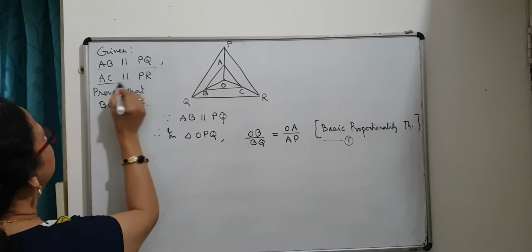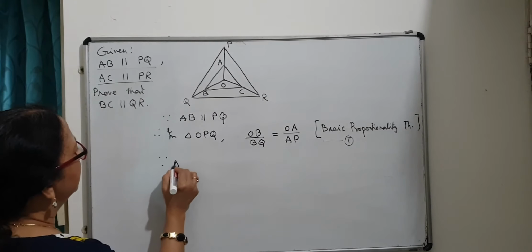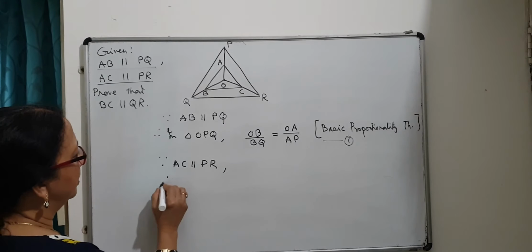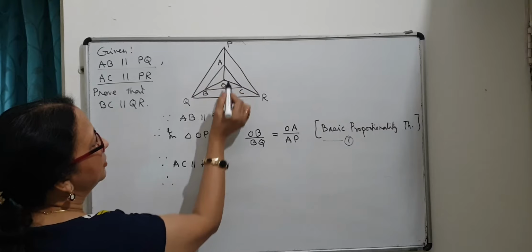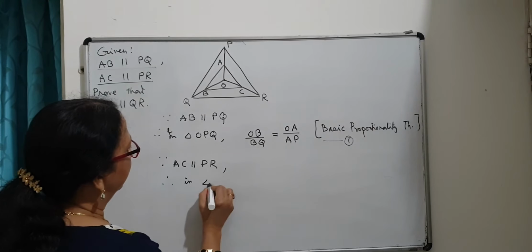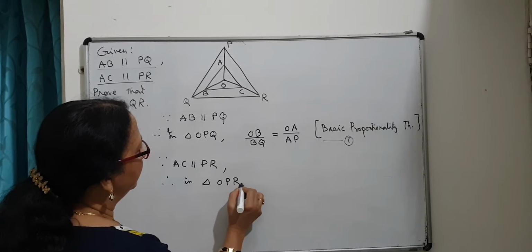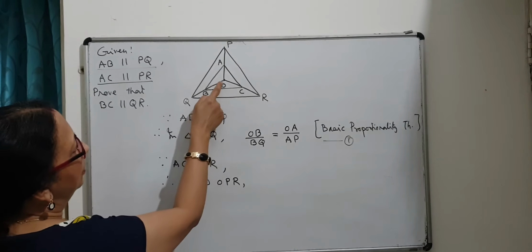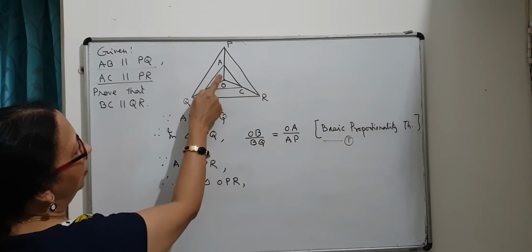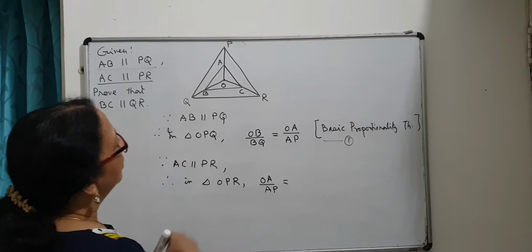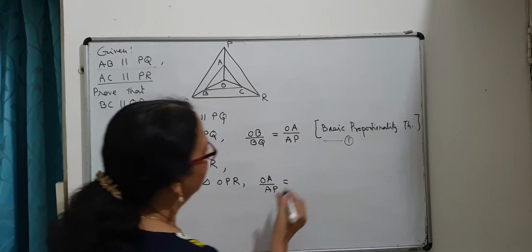Now let me take this one. Since AC is parallel to PR, which triangle should I take? AC and PR are in OPR. Therefore, in triangle OPR, OA by AP will be OC by CR.